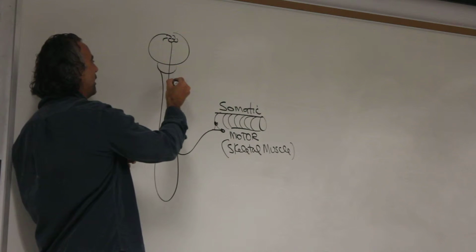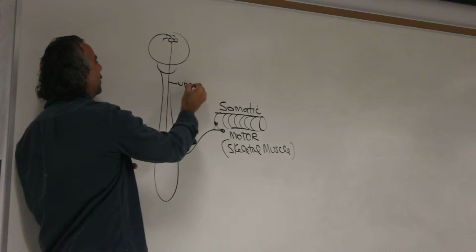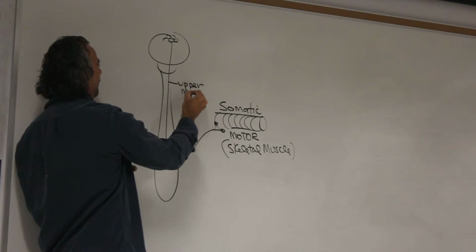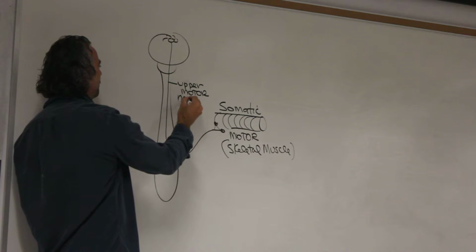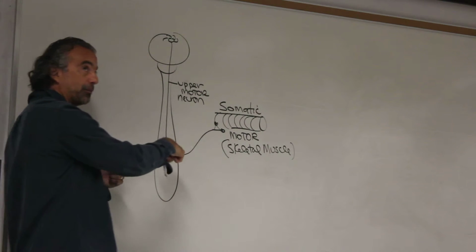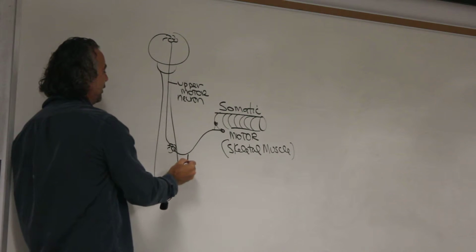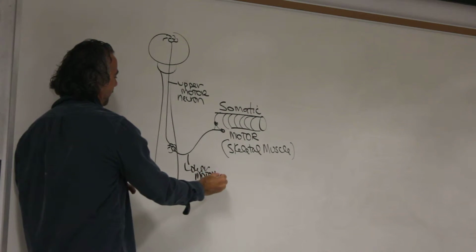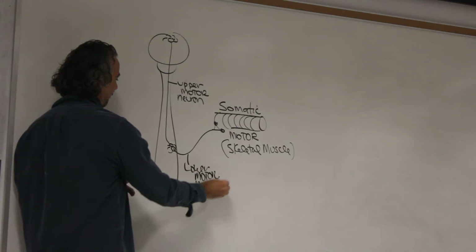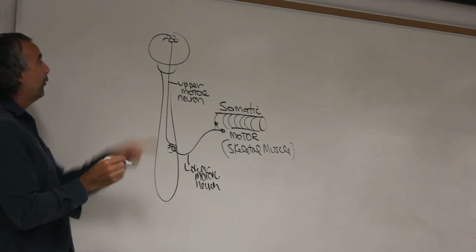This one I got here is called my upper motor neuron, because it's on top, right? So upper motor neuron. The bottom one, the lower one, is called the lower motor neuron.